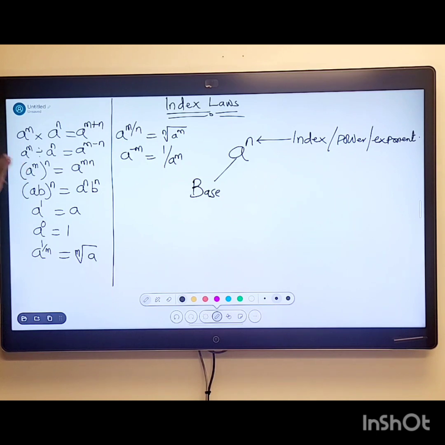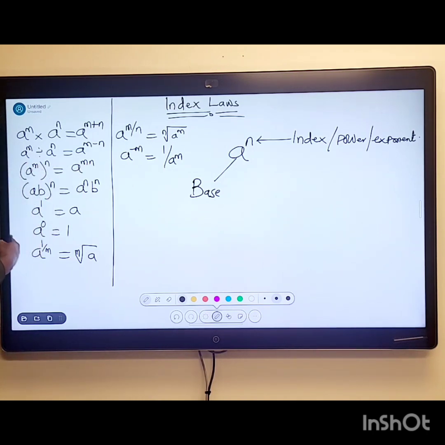A raised to power m, all raised to power n. It means that the power must multiply the power you have, which means n times. Remember too that parenthesis means multiplication, but in this instance, don't go ahead.